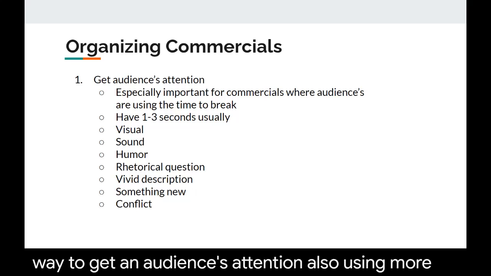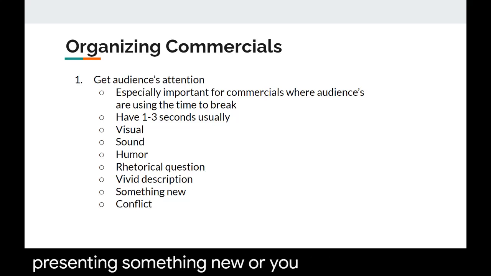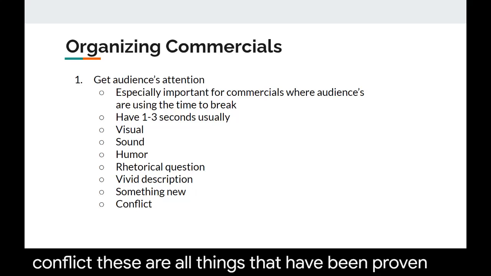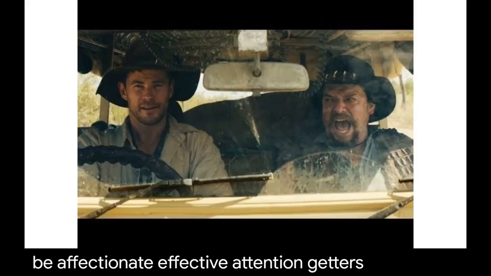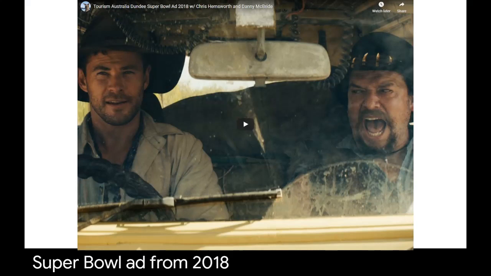Also, using rhetorical questions, vivid descriptions of things, presenting something new or unique, or presenting conflict. These are all things that have been proven to be effective attention getters. Here is a Super Bowl ad from 2018 that showed something unique and different in the style of its ad.